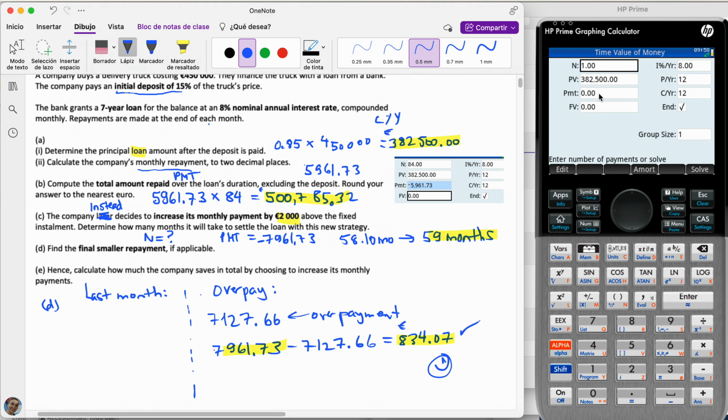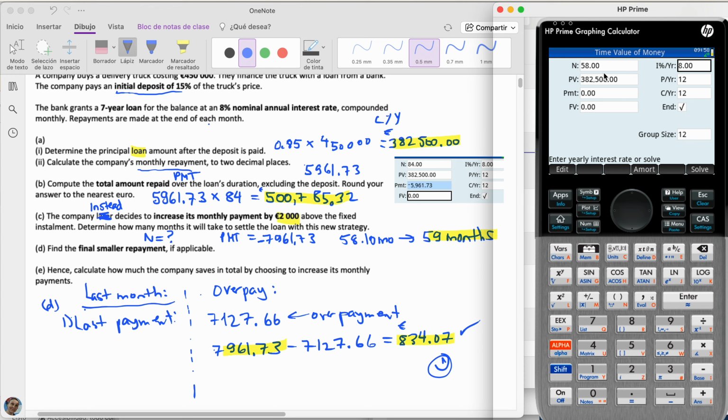Okay, we have to figure out the value of the last payment first, okay? So find the last payment. Our last payment, if we make 58 payments, we're going to be paying minus 7961.73.